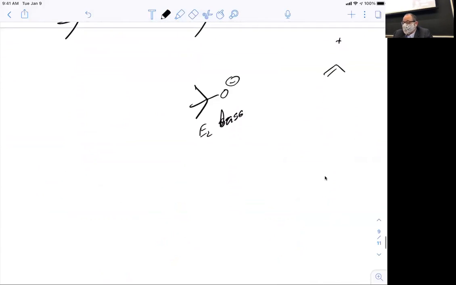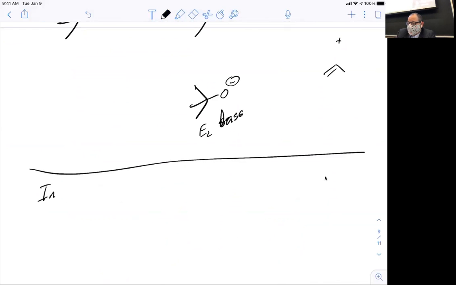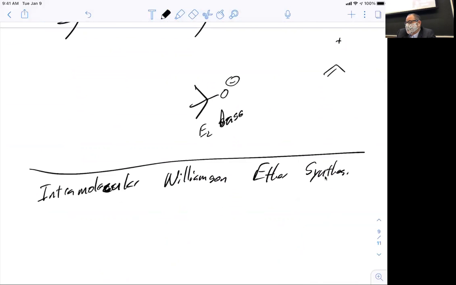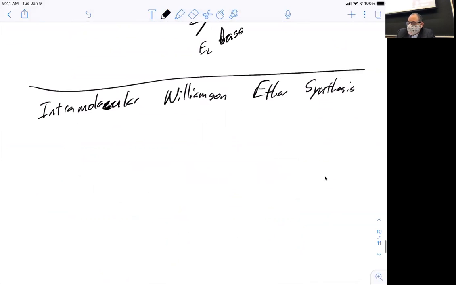Okay, before we do some practice, one more thing we need to look at, and that is intramolecular. Actually, two more things we'll look at.